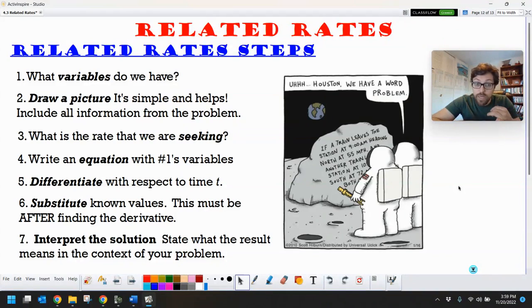And then write an equation that you can implicitly differentiate with respect to time t. Finally, substitute your variables. Make sure you do that after you do the derivative. If you do it at the beginning, it locks all of our rates. So we want things to still be moving. So do that after you differentiate. And then finally, write a sentence to interpret what's going on with your problem.